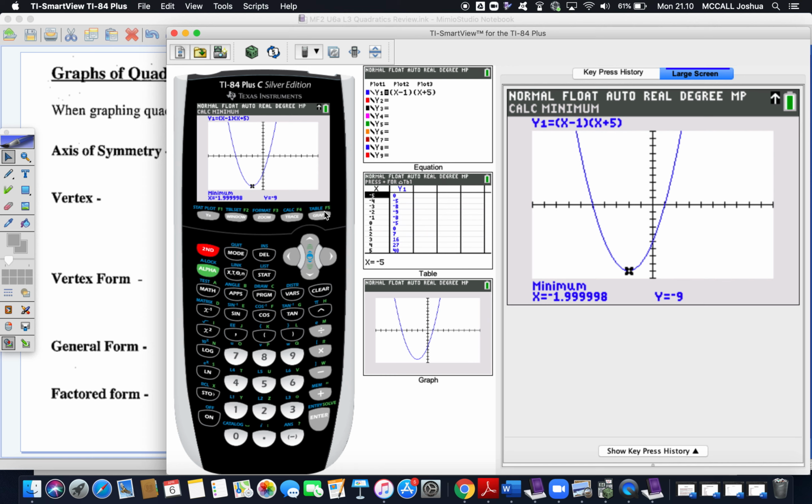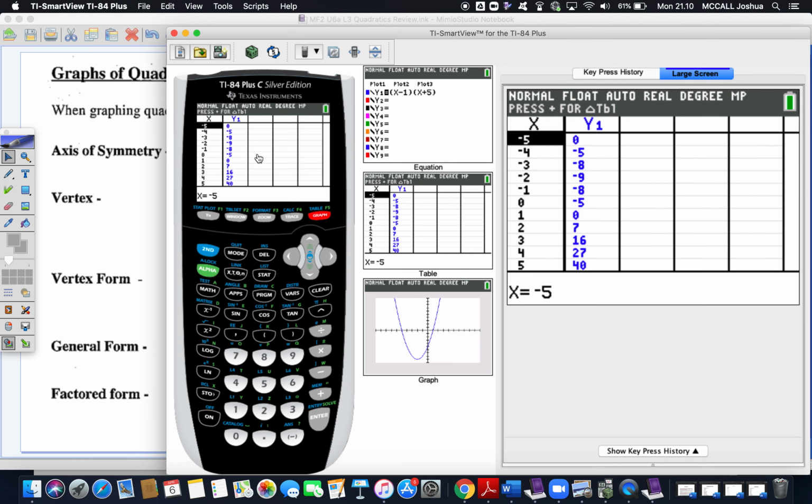Then I go over to my table, and we have -2, -9 as our vertex. I can see the x-intercept of -5 because y is 0, and an x-intercept of 1 because y is 0. When x is 0, I get -5, so my y-intercept is at -5.